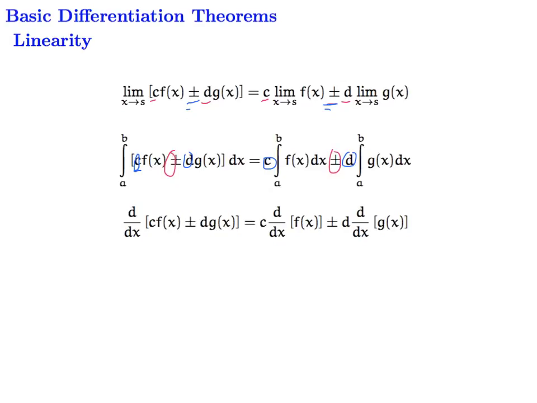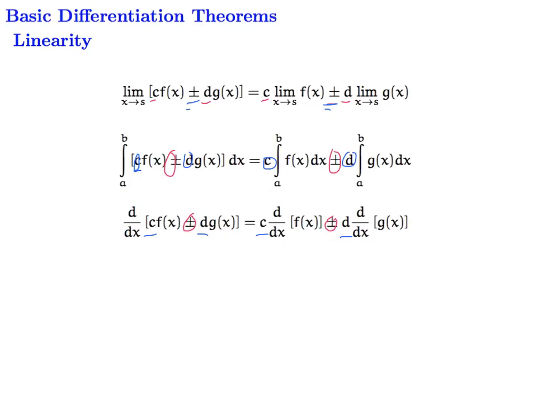And now we see the same thing happen with derivatives. We break up sums and differences inside derivatives, and these constants all just come out front. So linearity happens all over, with limits, with integrals, with derivatives. It's just a really common thing to see in math, and the same pattern holds over and over again. Constants come out, sums and differences break up, and you compute them separately.